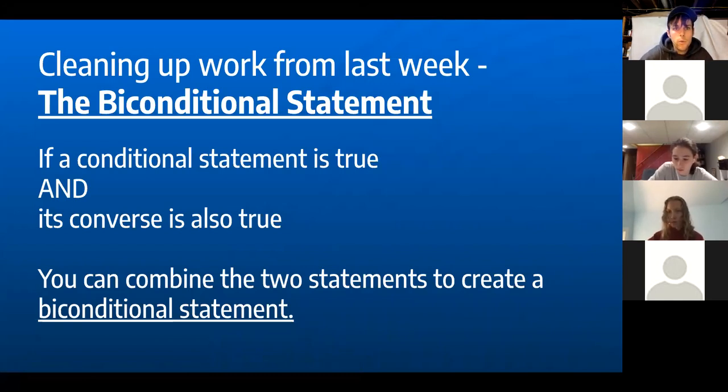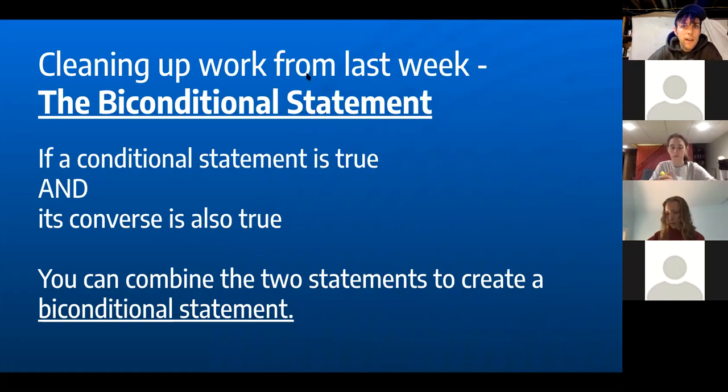We use a biconditional statement when both the original conditional statement is true and the converse is true. Remember, the converse is when you switch the order. So if you have a conditional statement and then you write the converse, but both of those are true, you can actually combine those two statements to create a single statement called the biconditional. Really what it means is it goes both directions.